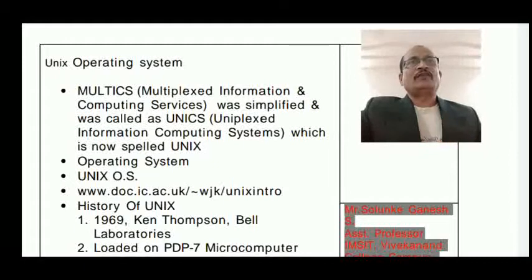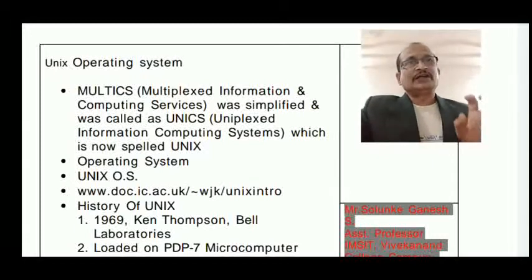The definition of an operating system is: an operating system is a program that acts as an interface between the user of a computer and computer hardware. This is the definition of an operating system.